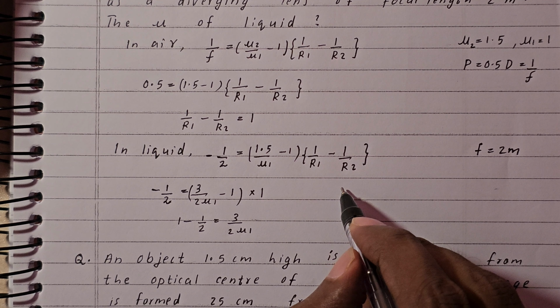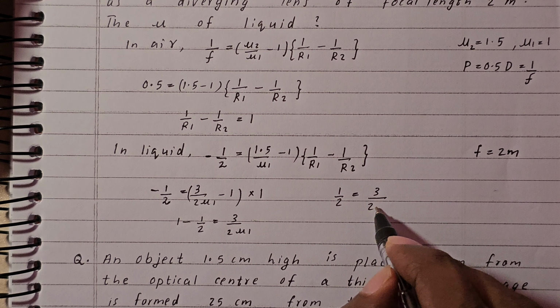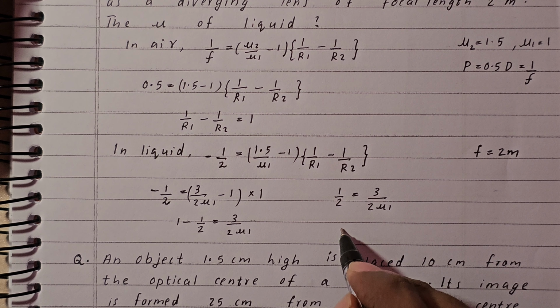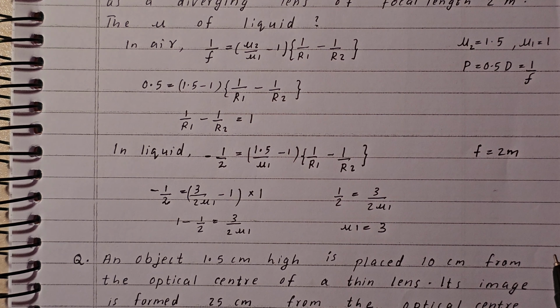Then 1 minus 1 by 2 is 1 by 2. 1 by 2 is equal to 3 by 2 mu 1. So mu 1 is equal to 3. So the refractive index of the liquid is 3.